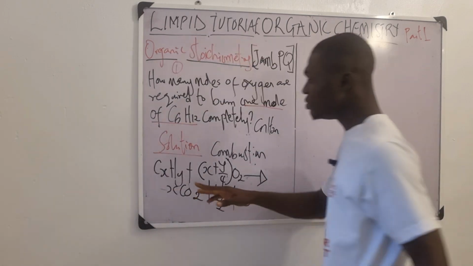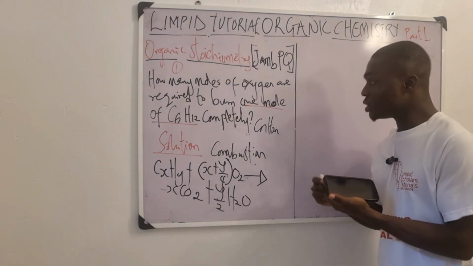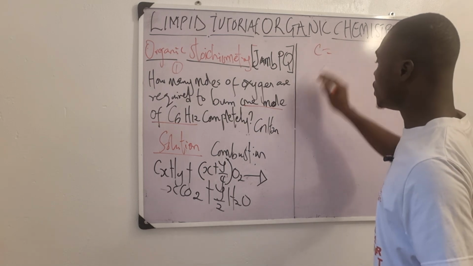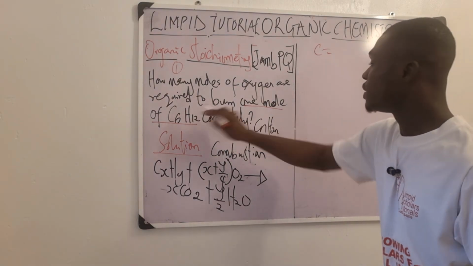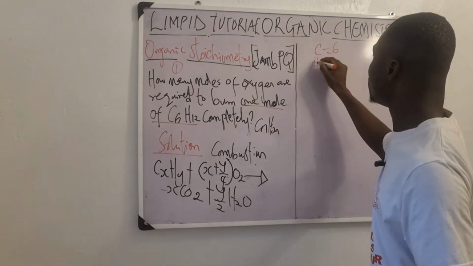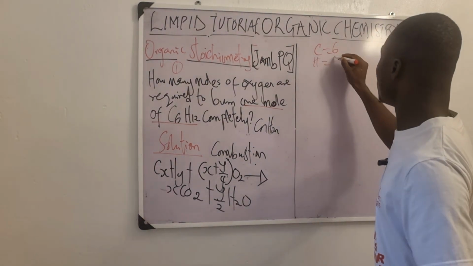So when we have achieved this formula, we write C equals 6 here, then H equals 12.